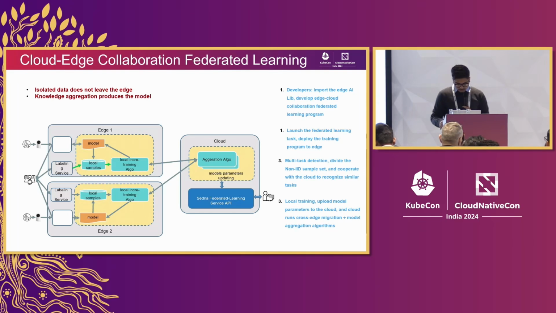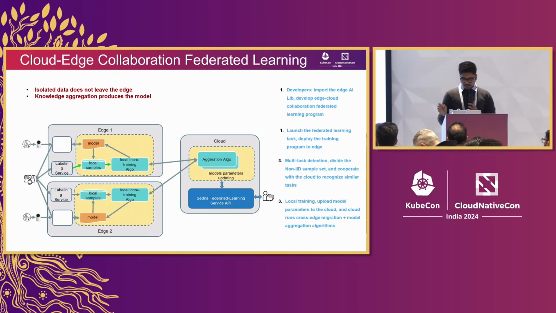With this, one more thing I would want to talk about is multitask detection. With federated learning, we actually have these unbalanced sample sets. For the cloud, we have a large data set for cloud models, but for some edge nodes we may have access to a large data set, and for some edges we may not. For this, we have multitask detection.